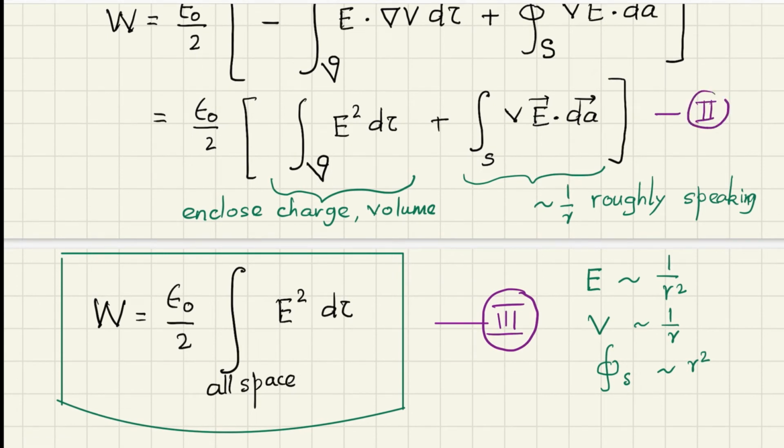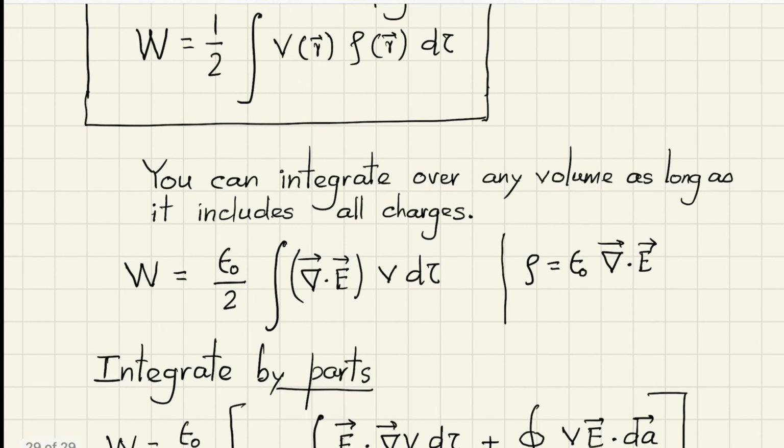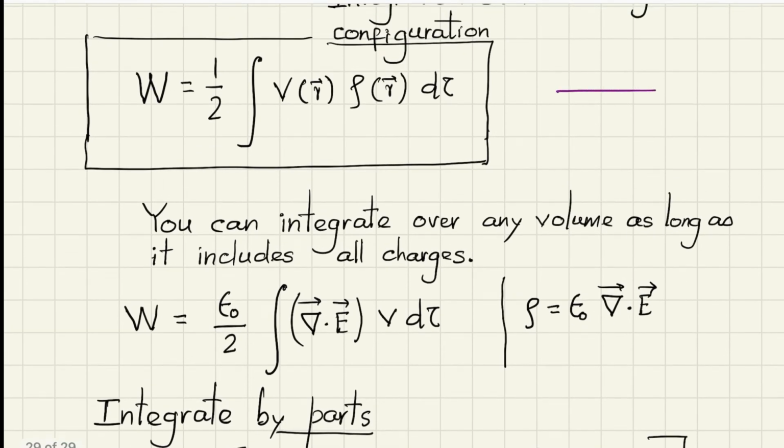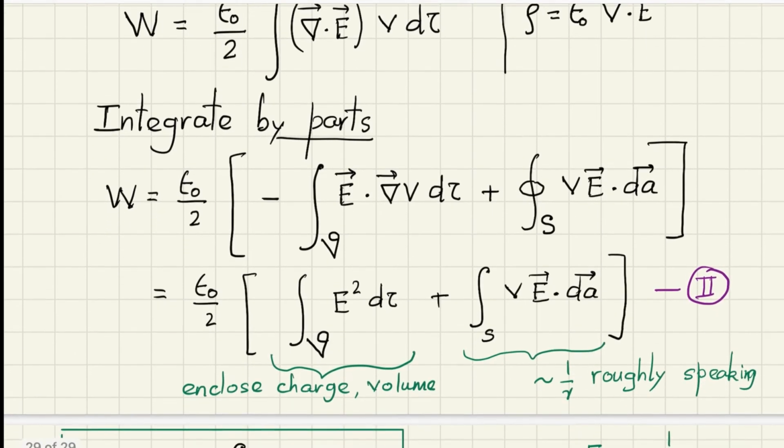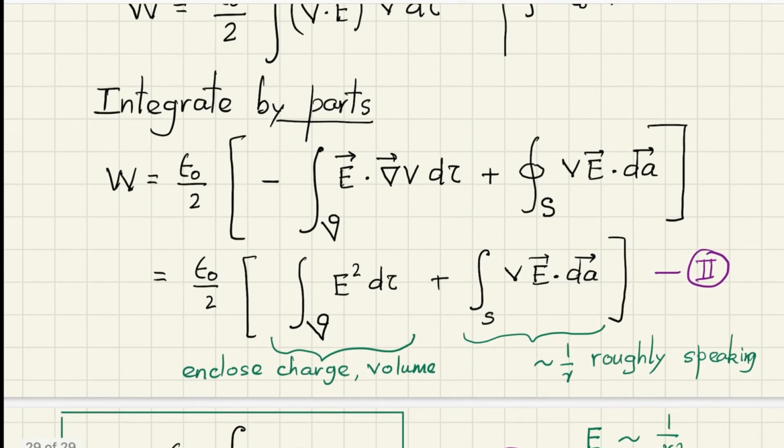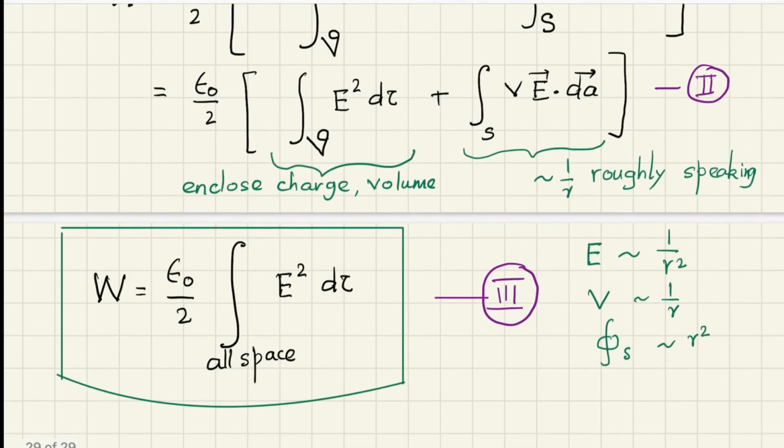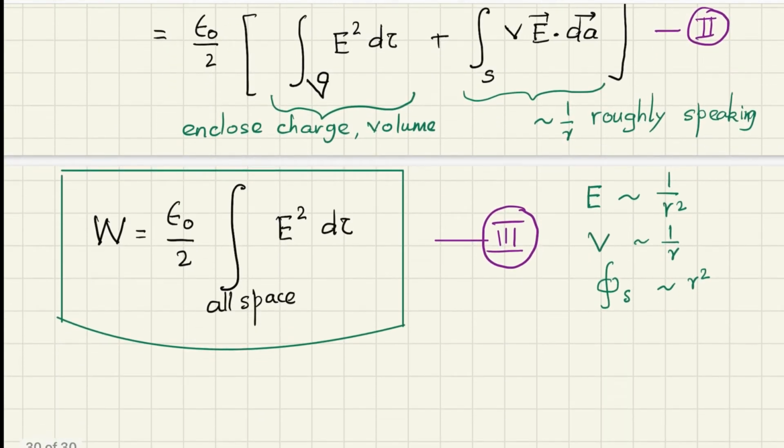Any of these should be valid. The other one is the VDQ method. This is both surface and volume and surface, and this one is of course only the field.